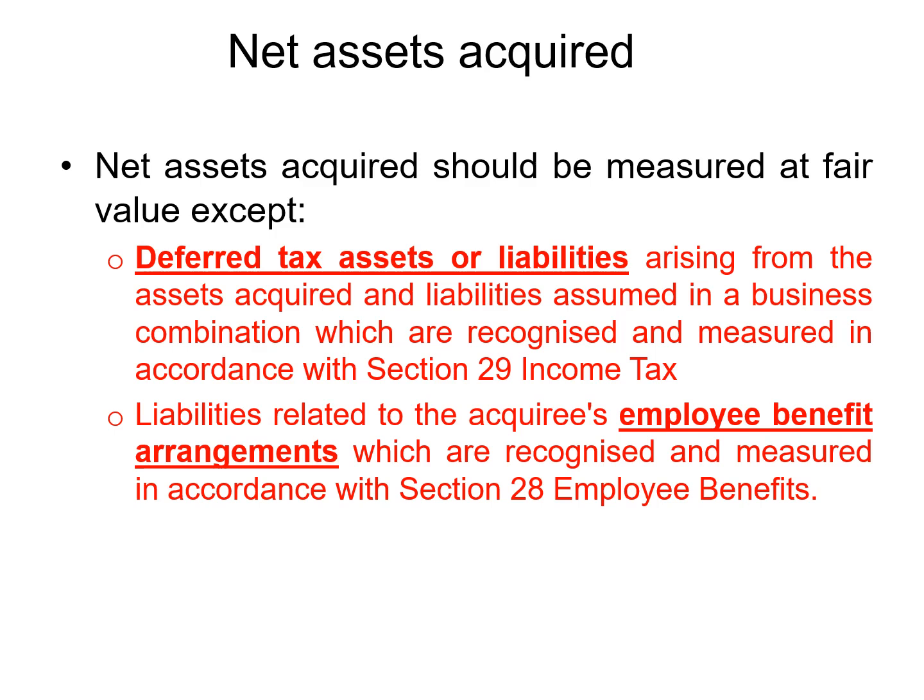You may find that I need to go back and revisit my employee benefit arrangements. Again, these may need to be recognized and measured again in terms of section 28, the employee benefit standard. So this is just flagging to you that there may be a need for remeasurement of some of these asset and liability positions when it comes to recognizing these items on our balance sheets.